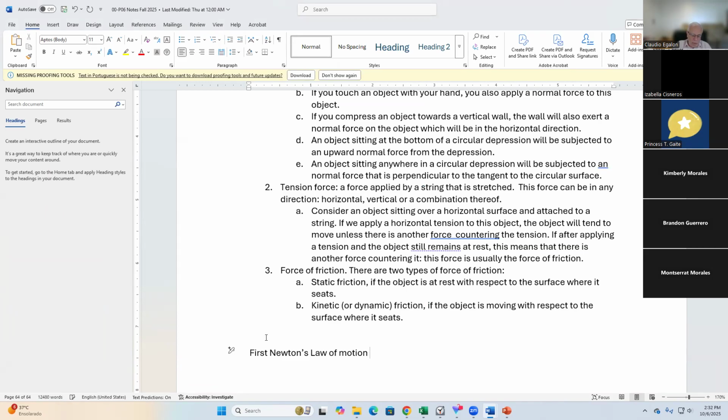First part. Newton's first law of motion has two parts, the first and the second. Let's look at the first part. The first part is the following.